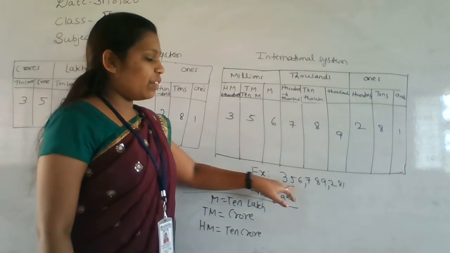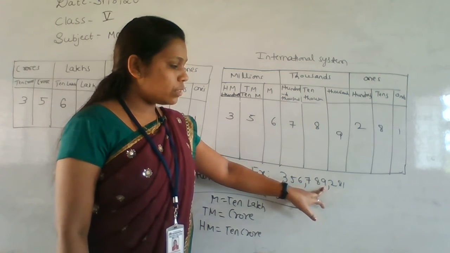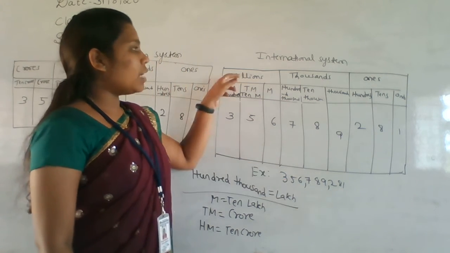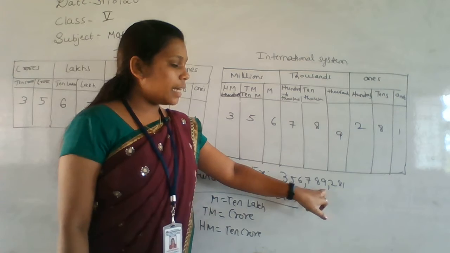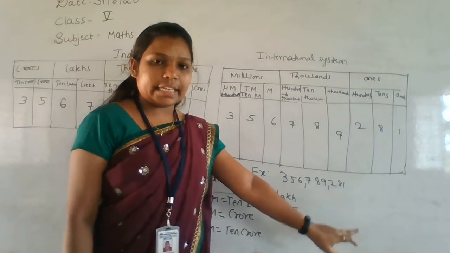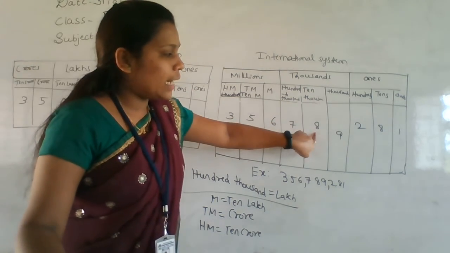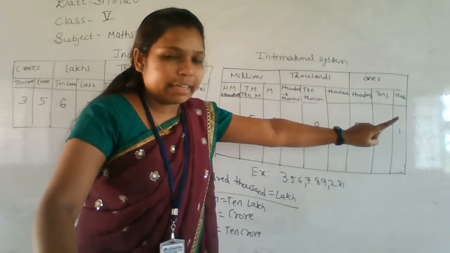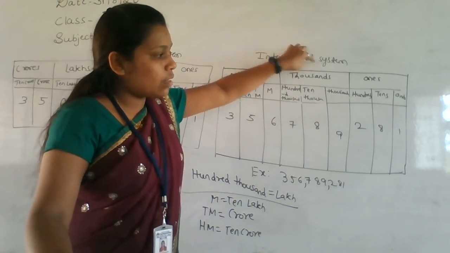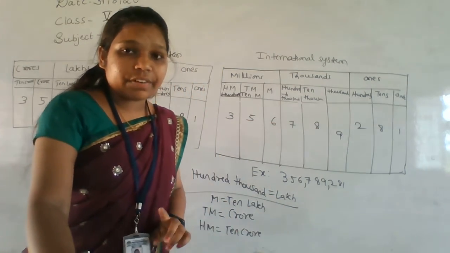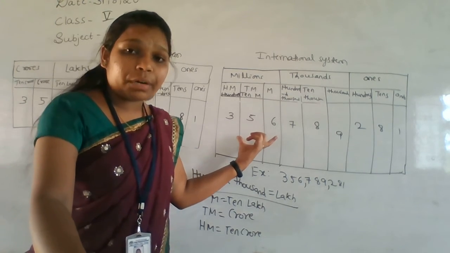See here, 356 is there, right? So 356 million 789,281. Getting everyone? How to read this number? 356, you have to take 3 digits.